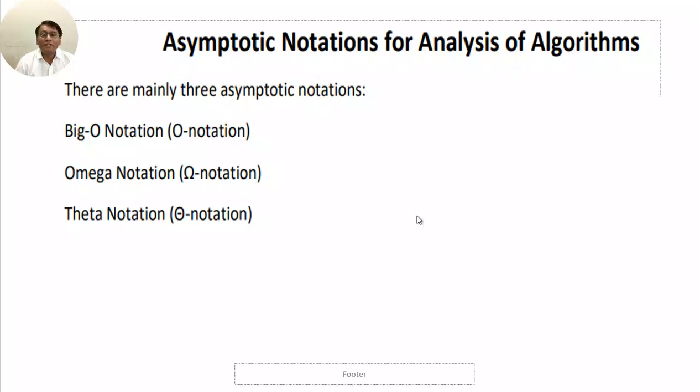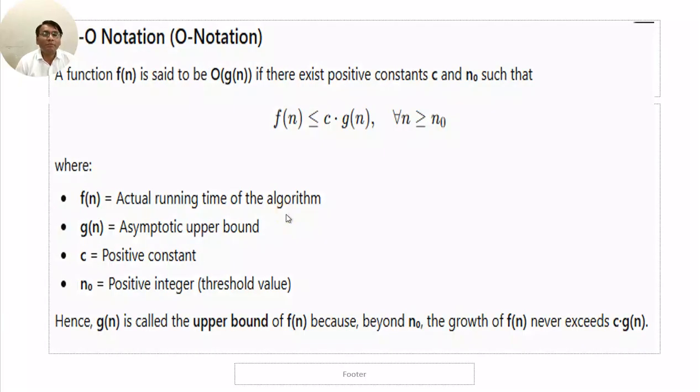What is asymptotic notation? There are mainly three asymptotic notations: big O notation, omega notation, and theta notation. The first is big O notation.